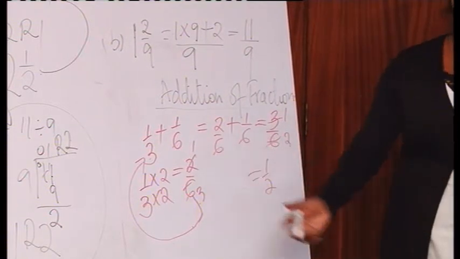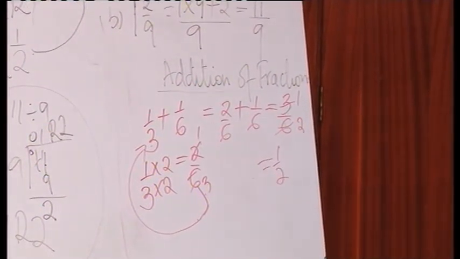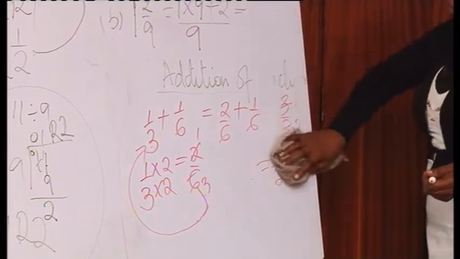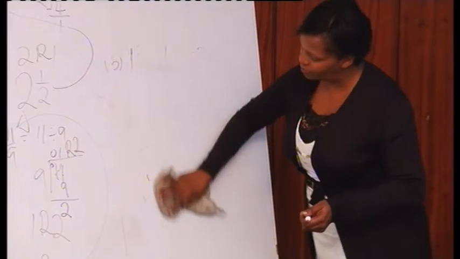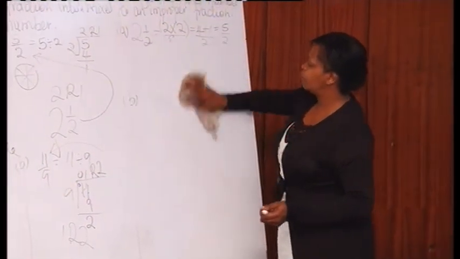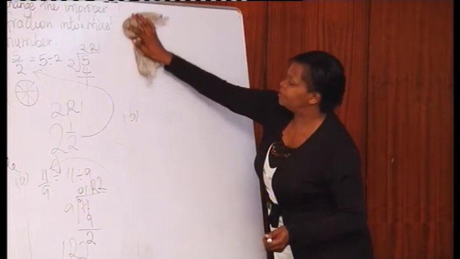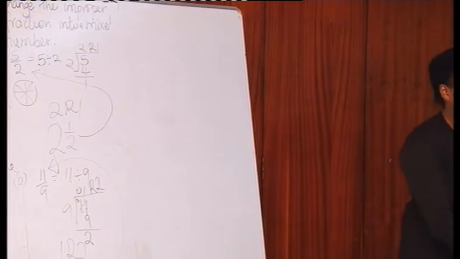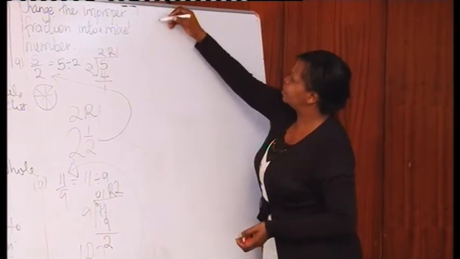Instead of renaming one of the fractions, we can just use the LCM, because that would be the easiest way possible. Remember, we talked of getting the LCM in 3 methods, but we agreed that the simplest is the shortest method.